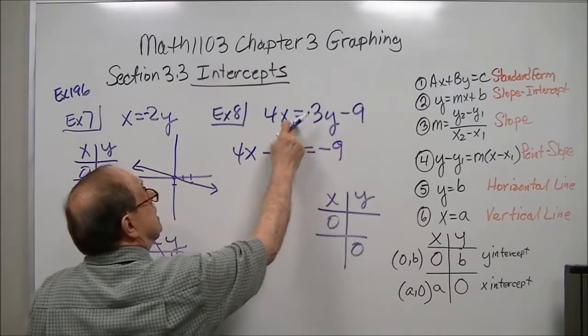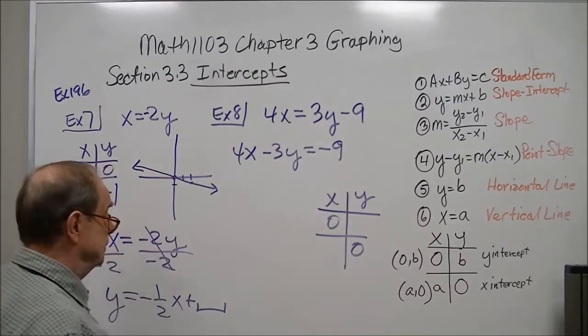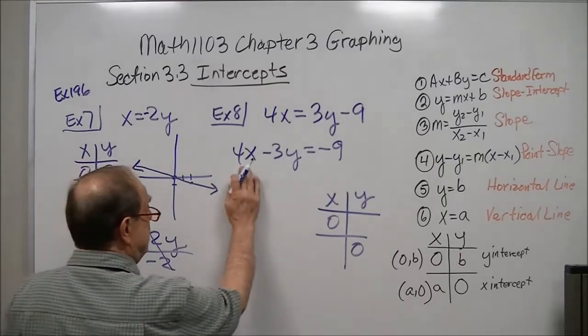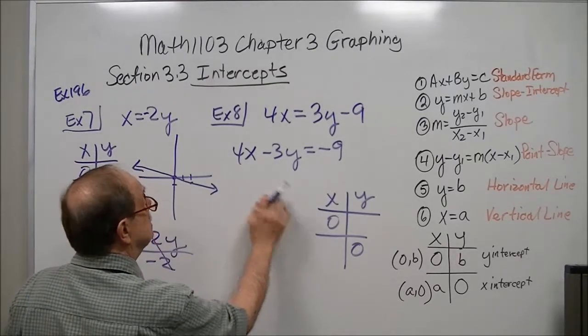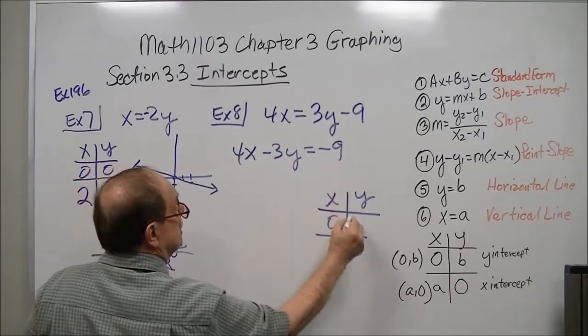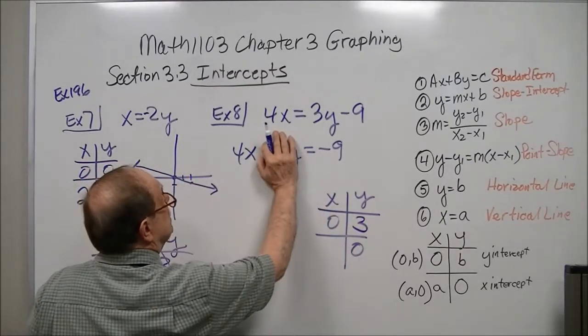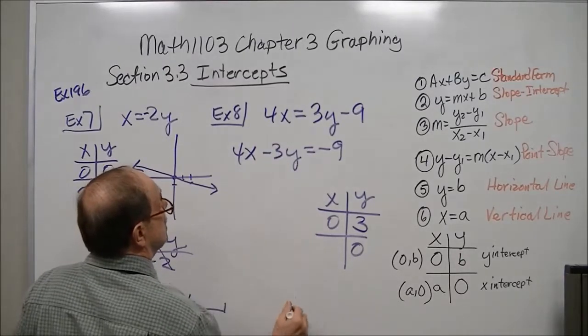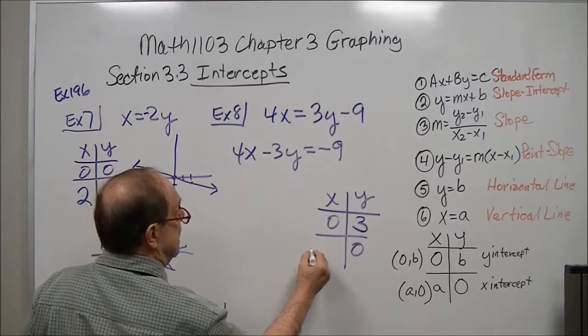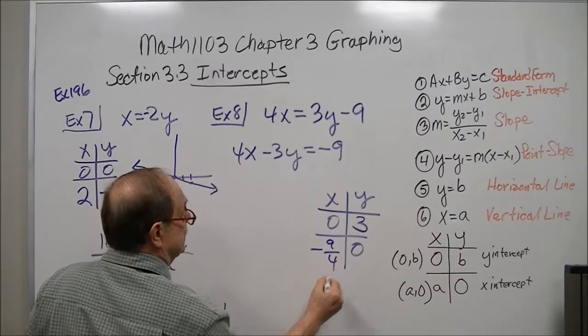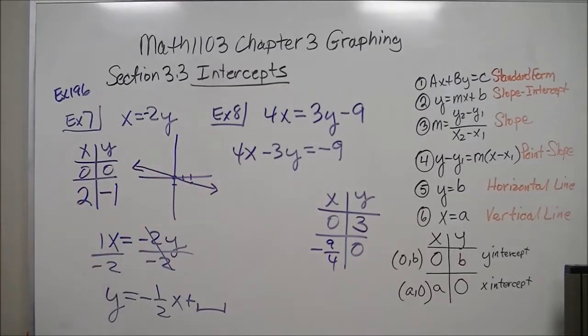So that's the modification I'm going to do. Now if x is 0, this is going to be a 3. And if y is 0, this is going to be a negative 9/4.